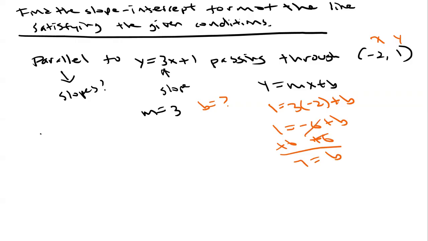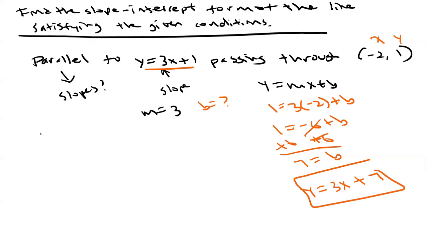So our final equation in slope-intercept form is y is equal to 3x plus 7. This is the equation that's parallel to the given equation.